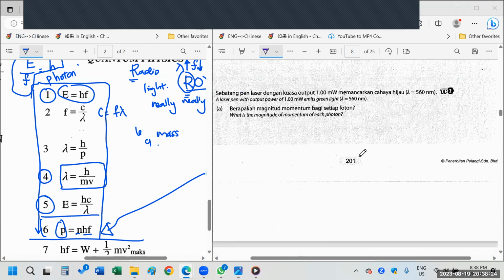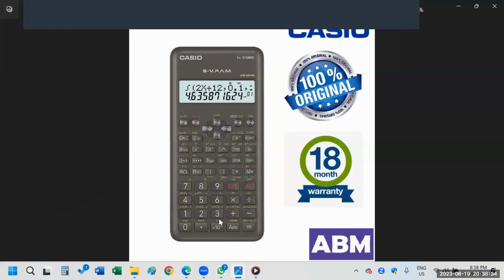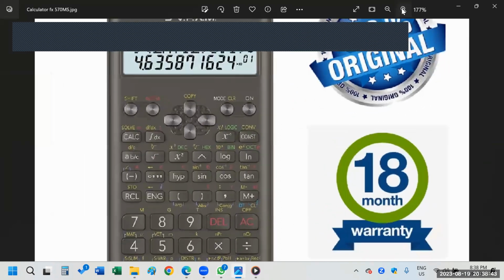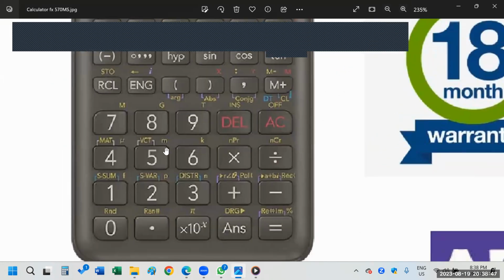Now this one, m means milli. Milli means times 10 to the power of negative 3. Shift 5 is milli. Or I make it larger. Now, milli is shift 5.